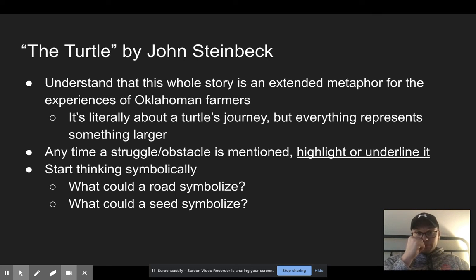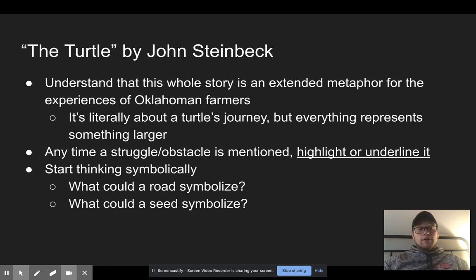We can't really highlight or underline anything since we're going to be going about this digitally. However, we can still try to find specifics in the story and attach meaning to them. Some basic things that you can ask yourself: this road that the turtle is traveling on, what could that road possibly symbolize?